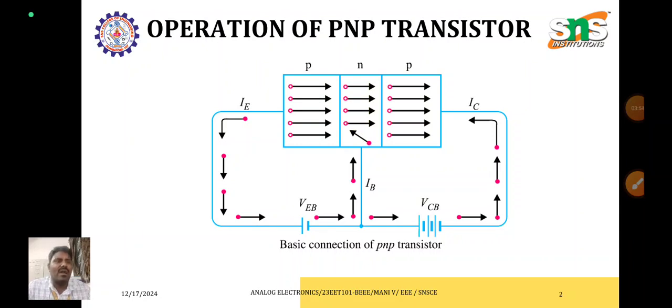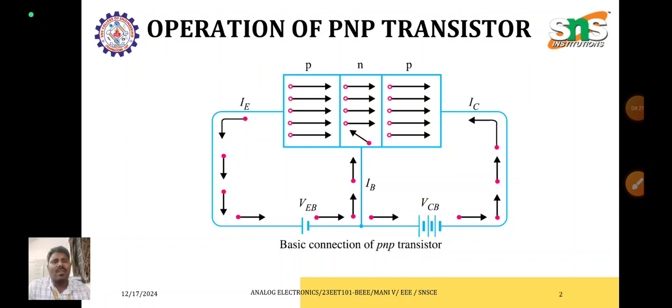Then the holes are attracted by the battery and circulated in this direction. In the opposite direction there will be a flow of electrons, which are the minority charge carriers. The electrons flow opposite to the hole flow. So this is the operation of the PNP transistor.